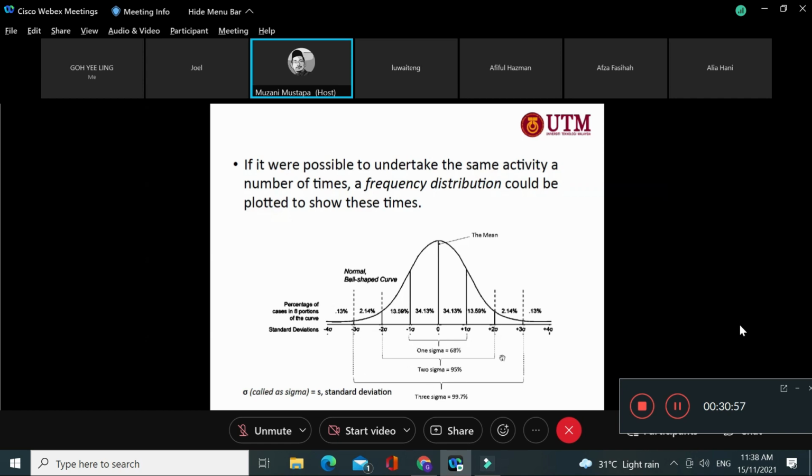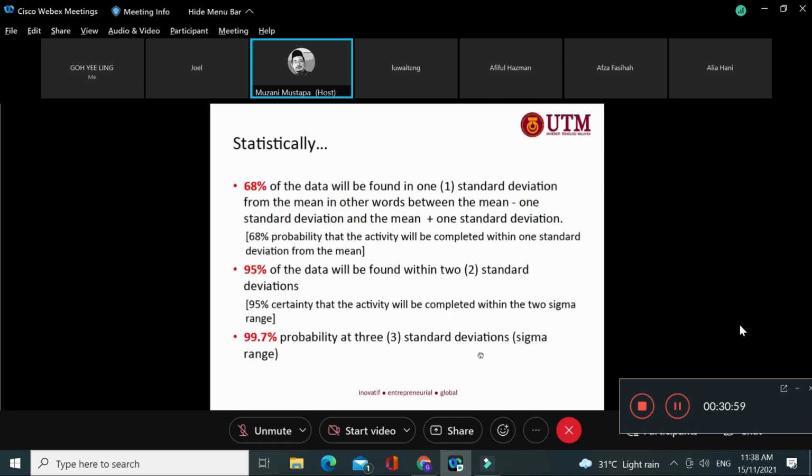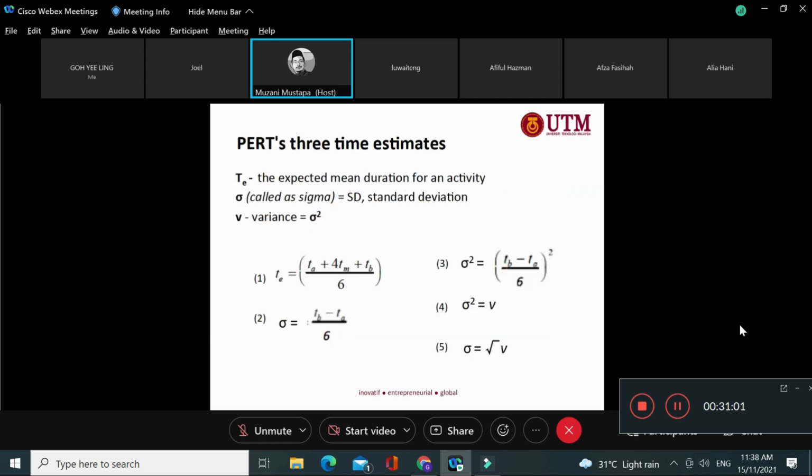This is what mathematician tell us lah, right? And then kalau you nampak dekat sini lagi, sigma is equal to TB, which is the worst case time, and then divide by the shortest time, TB tolak TA, and then divide by 6. So you want dapat yang paling jarak yang paling jauh lah. Okay, so this is how you understand the equation first, alright?